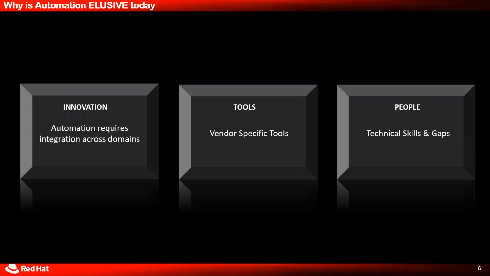And the next problem with automation is people, that is, the technical skill set gap. Every time an organization brings in a new automation tool, the team has to learn and understand it.